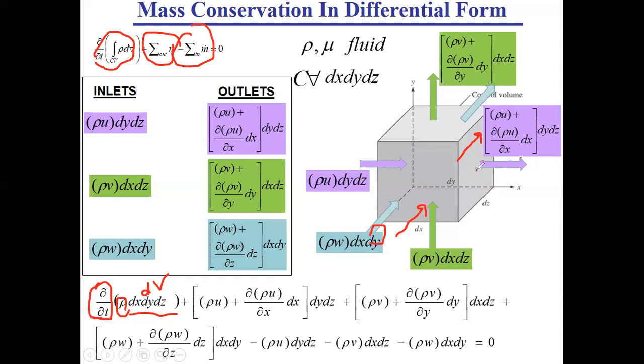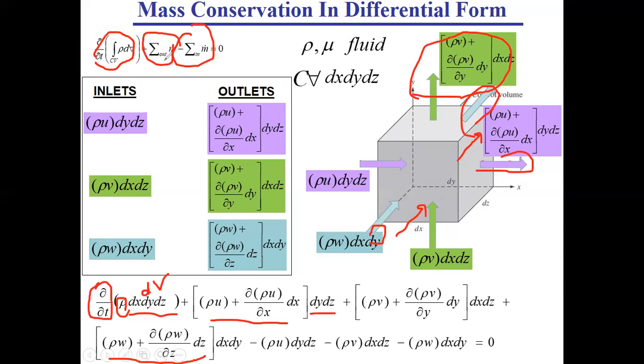The first one is this one: rho u plus del rho u by del x dx, times dy dz. The second outlet is the upper one, which is rho v plus del rho v by del y dy, times dx dz. And the third outlet expression is rho w plus del rho w by del z dz, times dx dy.